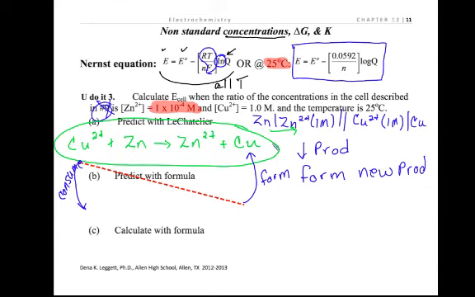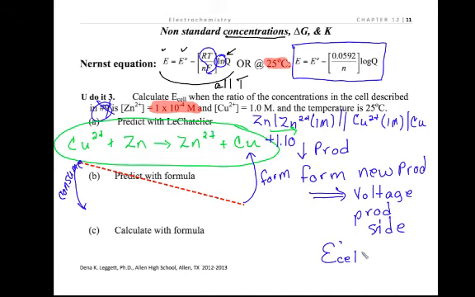Now, this is a voltage producing reaction. It's plus 1.10 volts. So we are shifting to the voltage producing side, and therefore we expect E of our cell, not E naught, to be greater than E naught.